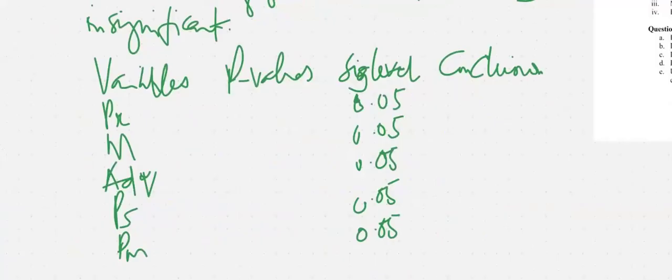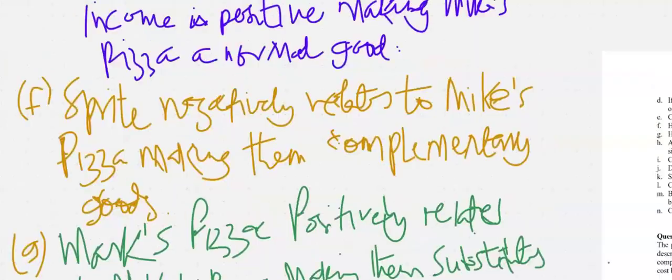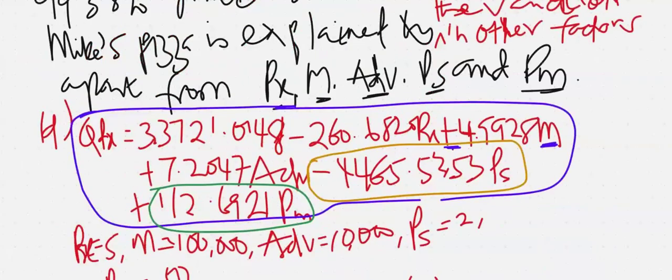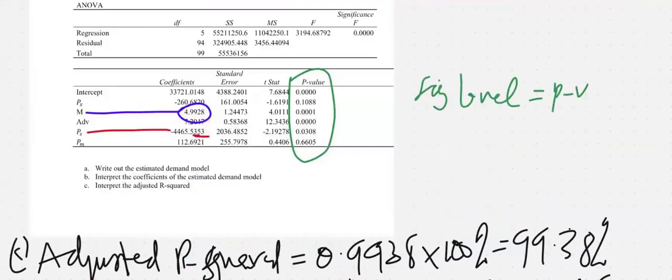So I have the p-values here. I'm writing it in blue. 0.1088. We have 0.1231. We have 0.1234. Okay, we are left with 2 more. Then we have 0.0308, 0.6605.